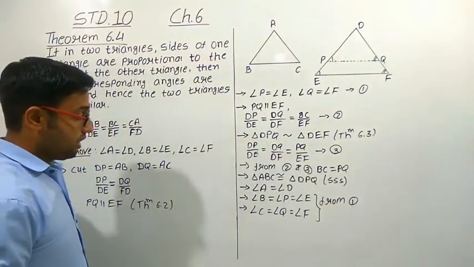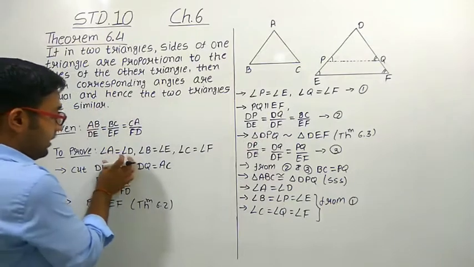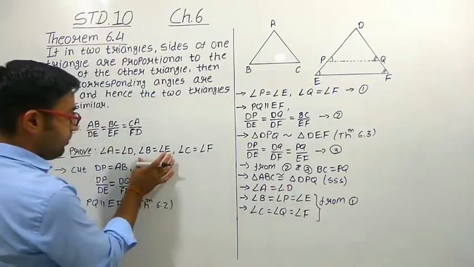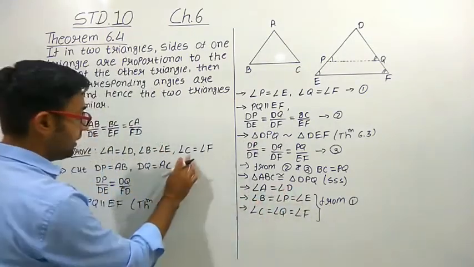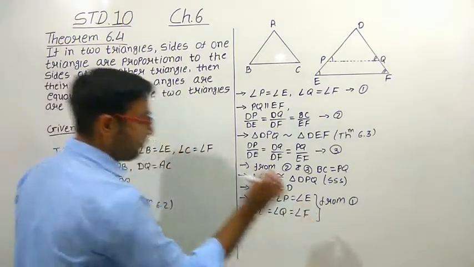So now see, what we have to prove is that angle A is equal to angle D, angle B is equal to angle E, and angle C is equal to angle F.